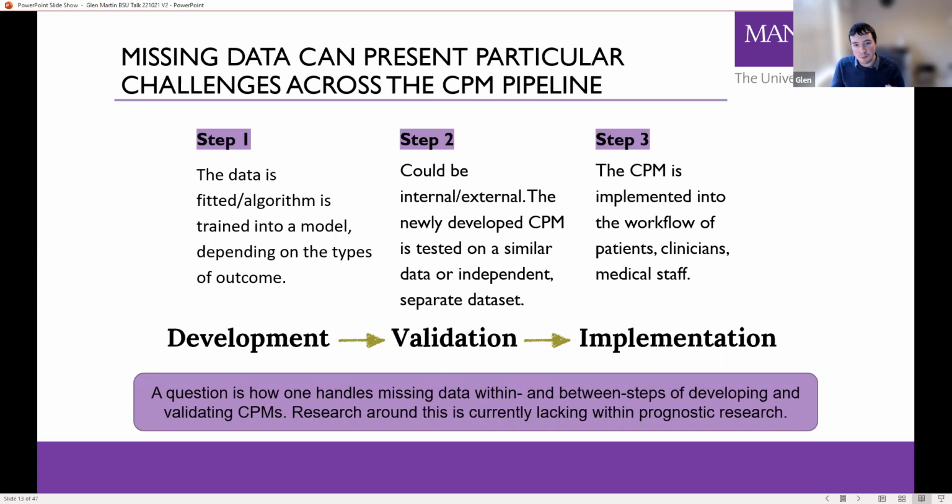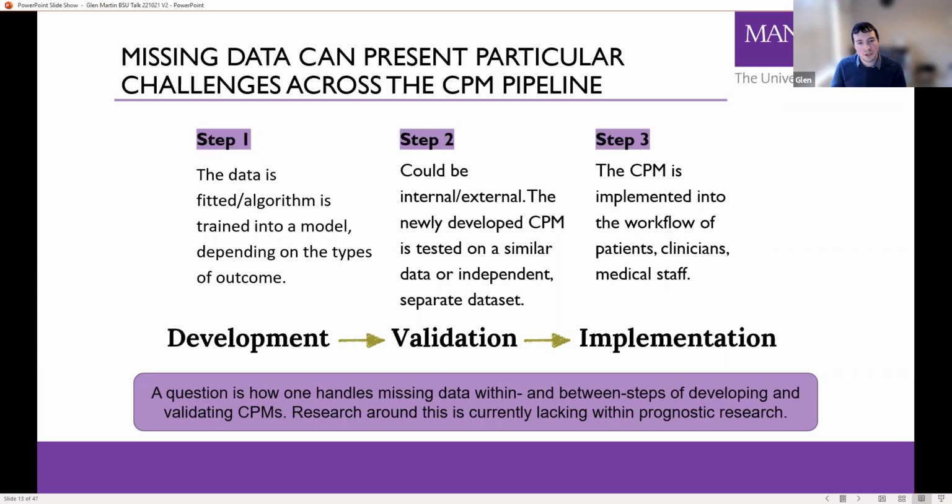You might do an impact assessment to see, is it a clinical benefit to use this model? And if all that's a success, you might then ultimately move on to implementing such a model into the workflows of clinical practice. And so predictions are often seen in these three distinct phases or steps.